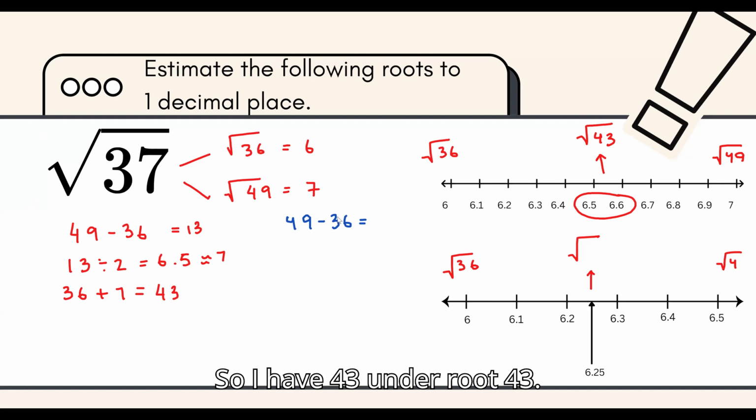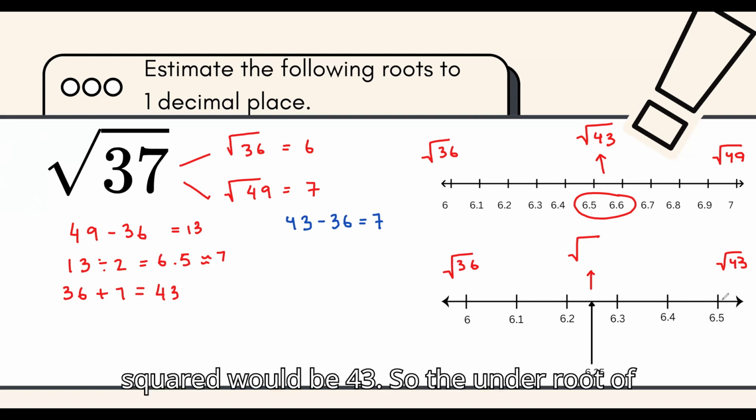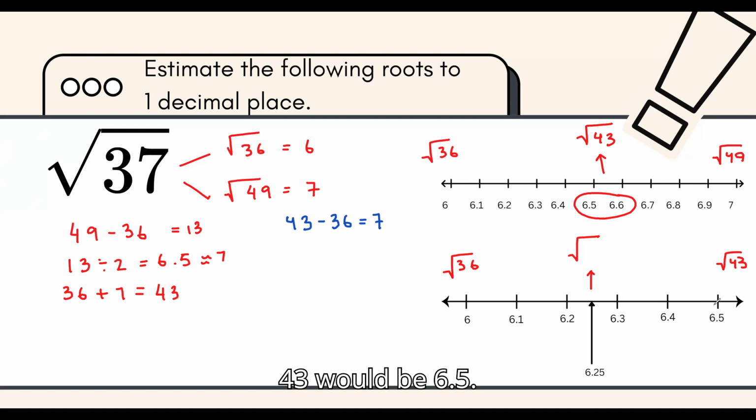So I have under root 43, and now I'm subtracting 36 from 43. So I have 43 minus 36, which will equal 7. I have 43 over here because I estimated that 6.5 squared would be 43. So the under root of 43 would be 6.5.